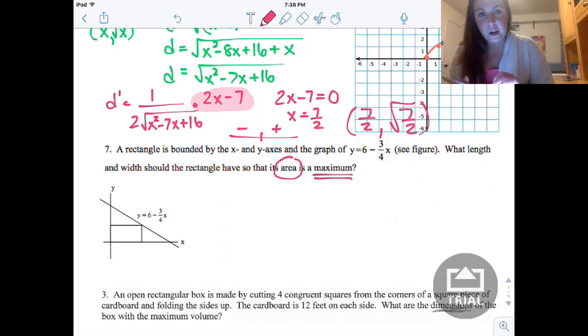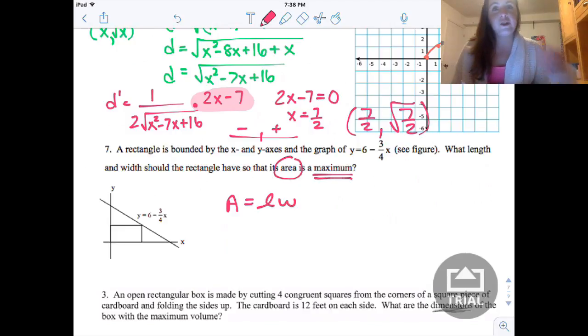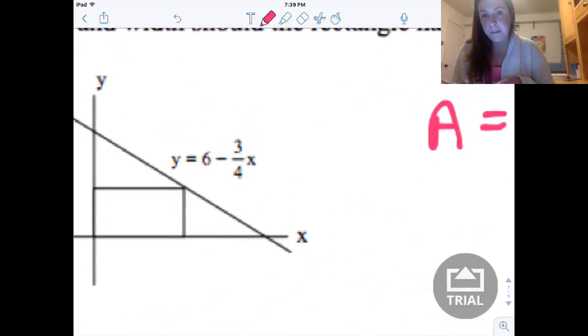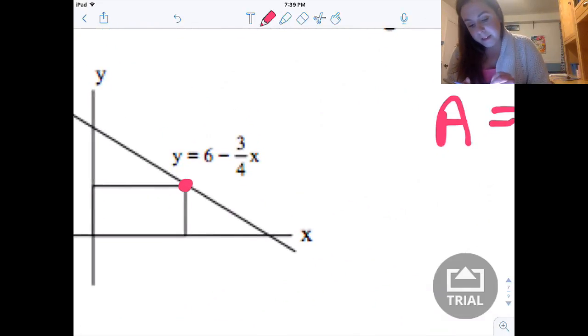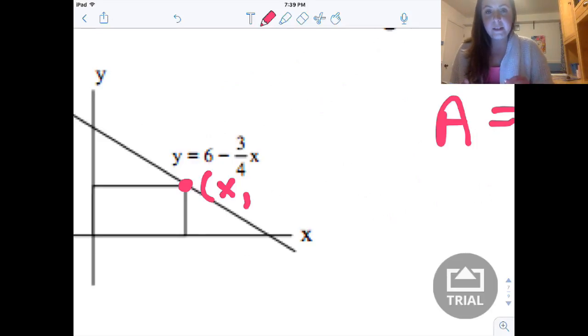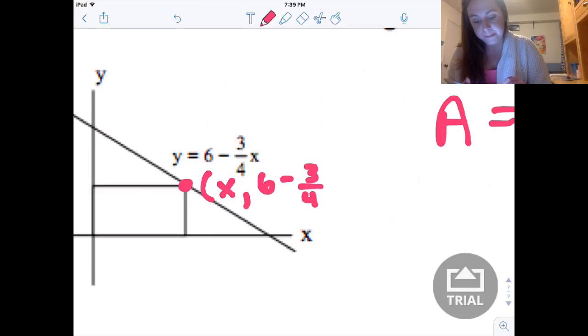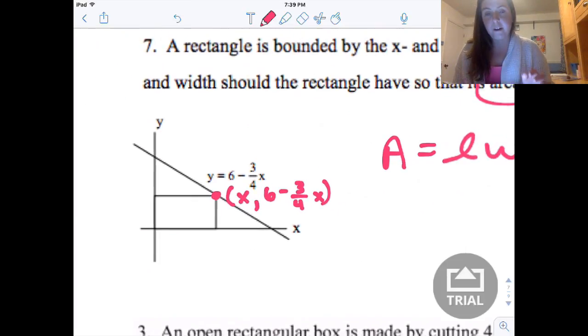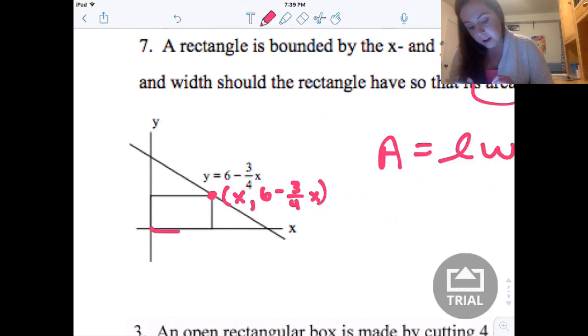So area equals, I know it's length times width. And then the question is, well, how do I deal with that in terms of what they gave me? What I always do is, on my picture, I'm going to label this point x, y. But instead of y, I'm going to write in the expression I have for y. And that's going to help me with figuring out what these are. Now, what's the length of that?